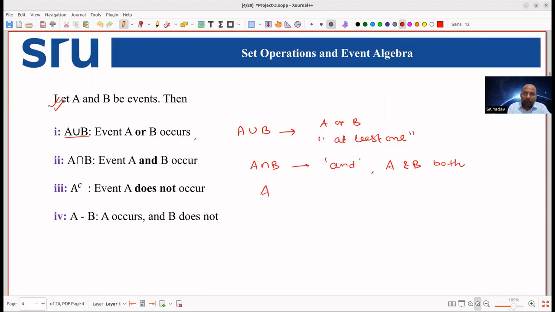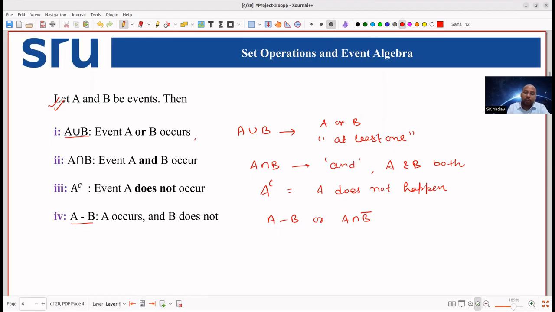And A complement, you already know, says A does not occur. A does not happen. And A minus B means A but not B. This is sometimes called A minus B, or sometimes A intersection B bar.